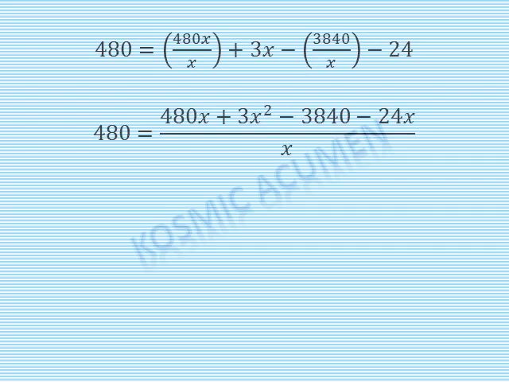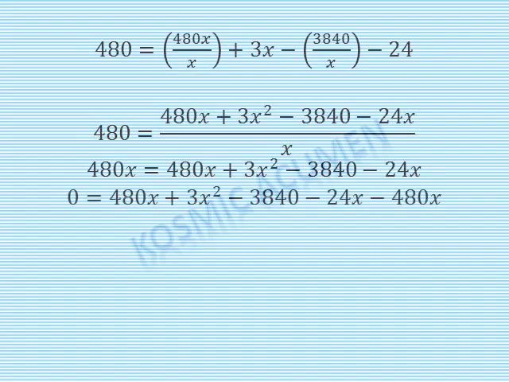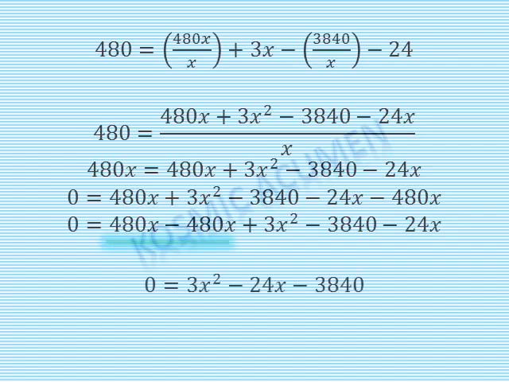Now 480 on the LHS and x in the denominator on the RHS can be multiplied and we get 480x is equal to 480x plus 3x square minus 3840 minus 24x. We take all the terms to one side and we see that 480x and minus 480x get cancelled out, and the equation that we are left with is 0 is equal to 3x square minus 24x minus 3840.